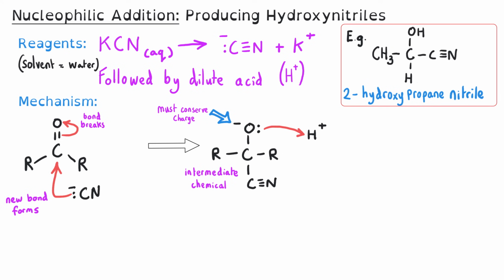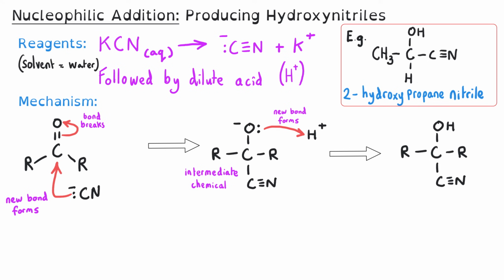And this is the formation of a new bond between that oxygen and the hydrogen from the acid. And this then produces something that is neutral because we had two charged particles in our intermediate, one negative, which we must show in a mechanism, and one positive, which we also need to show. And we produce our 2-hydroxynitrile.